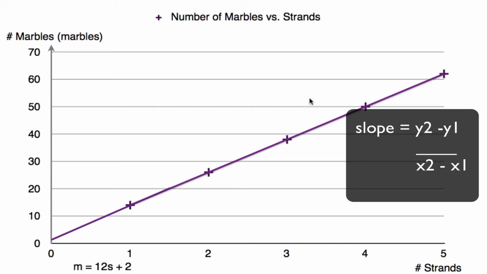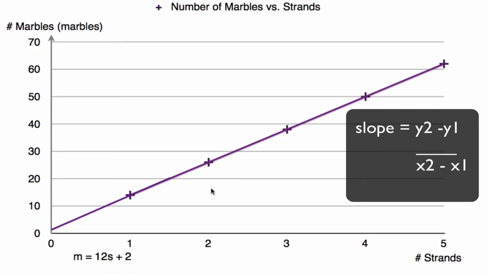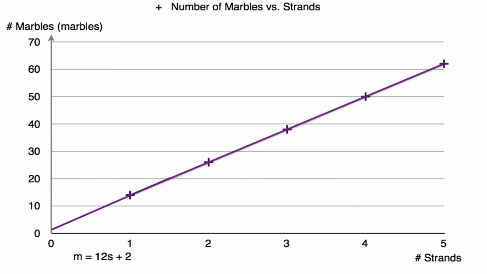So when I actually use the formula for y2 minus y1 over x2 minus x1, say for these 2 points at 2 and 3, and I calculate the intercept, the formula that I get for the line is m equals 12s plus 2, where I name my variable m, marbles, after my dependent variable, and s, the independent variable, the horizontal variable, after strands.